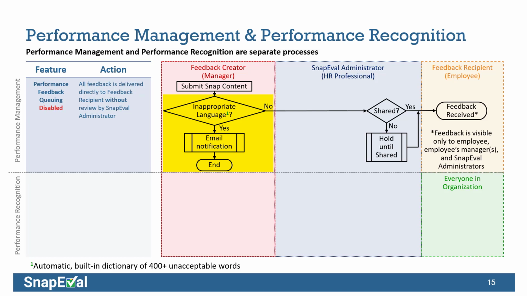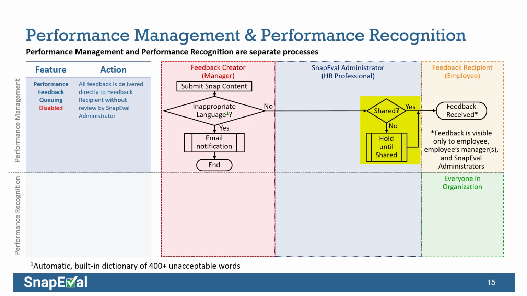Essentially, it'll get kicked back out of the system. The person that tries to create the snap will be notified by email, as will SnapEval administrators, organization administrators, of the content that was tried to be created and was deemed to have an inappropriate word or phrase in it. And so we don't even allow content that has an inappropriate word in it to go into the SnapEval system. So that's the first step in the process.